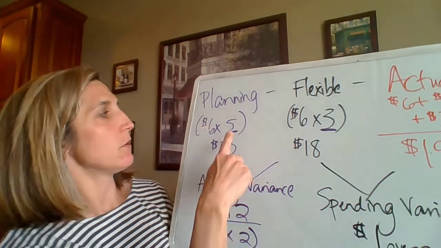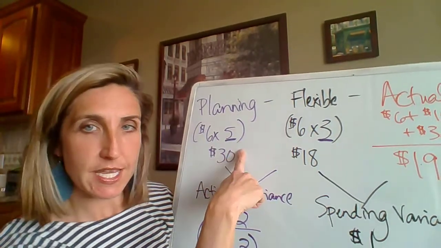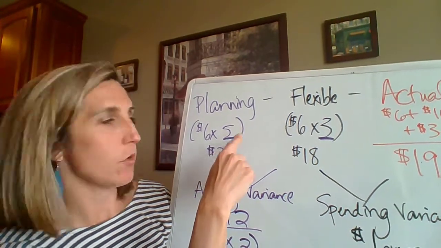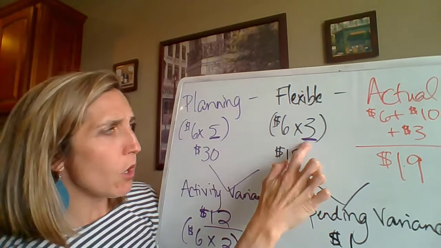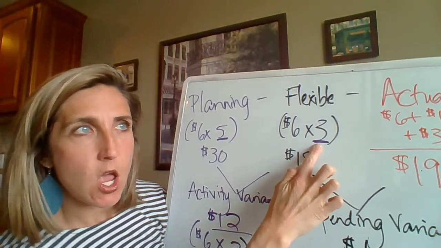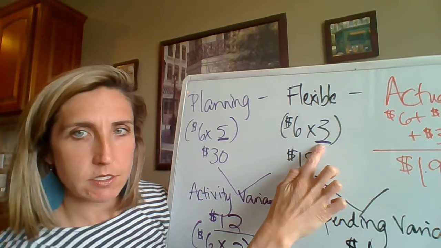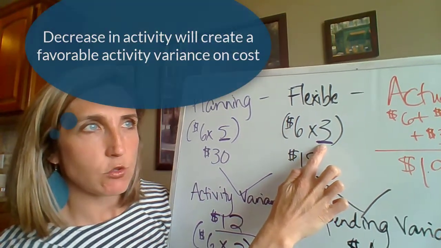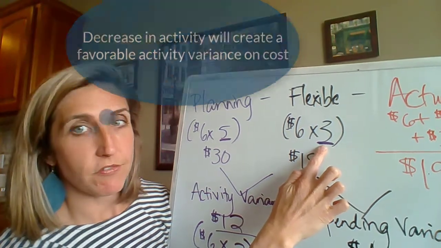So let's break this down. The flexible or the planning budget said we were going to be allowing ourselves to spend $30 if we went to lunch 5 days. We only went to lunch 3 days. So when your activity has decreased, all of your cost variances on activity, with less activity, you should have less cost, are going to be favorable.